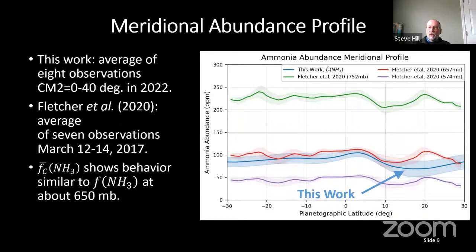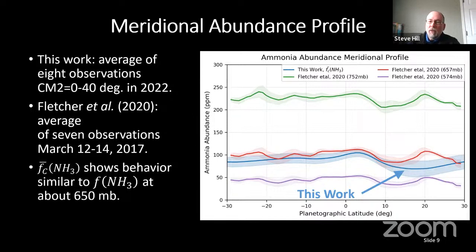Similar to the last chart, we can compare the column averaged abundance at specific pressure levels in the atmosphere. Here we see the meridional profiles from a mid-infrared retrieval of ammonia abundance at 3 pressure levels by Fletcher et al. 2020. We've averaged 8 of our observations from 2022 to obtain the blue profile, which is the column averaged ammonia abundance above the clouds.